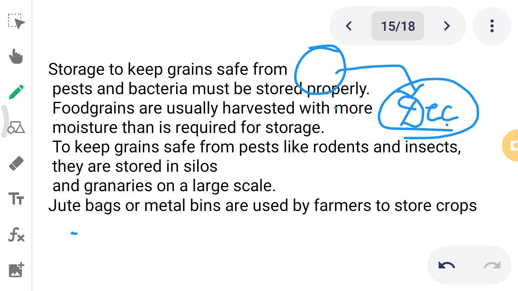So how is this really possible? Because these onions are kept in some storage area. These storage areas are nothing but granaries or silos. Now let us read it properly.